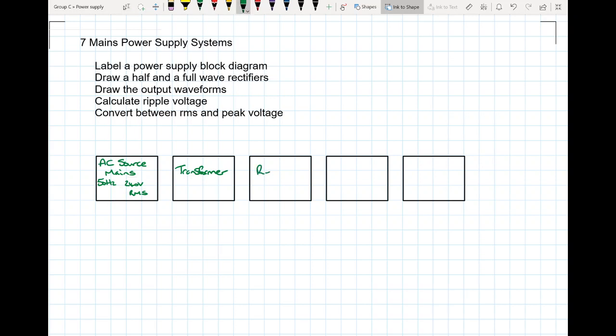And then we're going to go into our rectifier, and that gives us then some rough DC, so the rectifier is therefore responsible for getting all of the current going in the same direction, and then it needs some sort of smoothing after that, and then we have our output device that we're going to connect to it, so we'll call that a load. And that's a rough power supply, and this would be a block diagram for an unstabilized power supply.